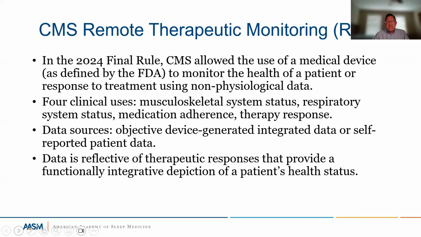And again, different than RPM, this is data that can be sent from the patient to the provider. And it's important to know that the data is reflective of how the patient's doing. So therapeutic responses that can provide a functionally integrated depiction of the patient's health status. Next slide.